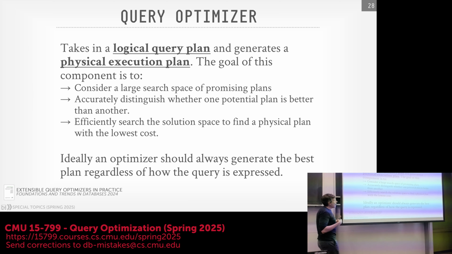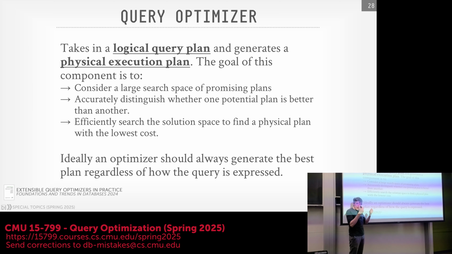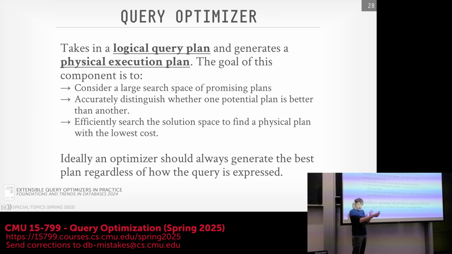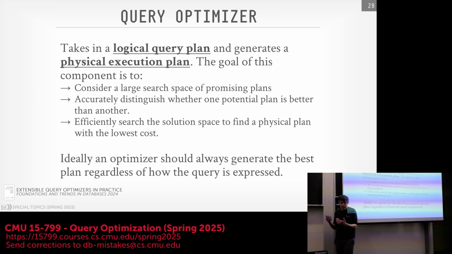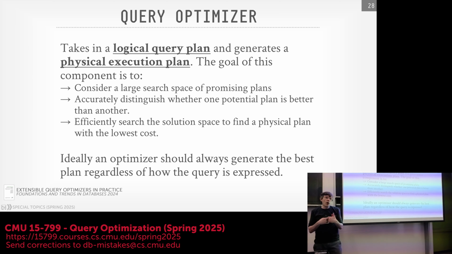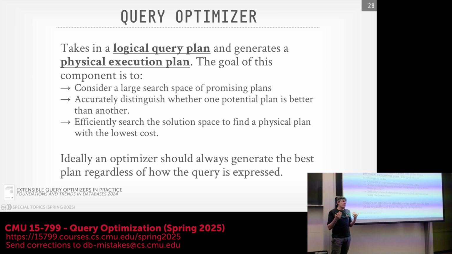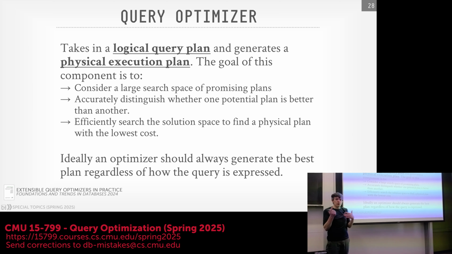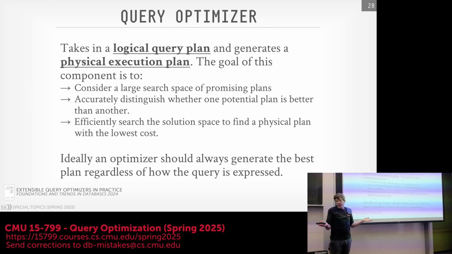And then we want to have a cost model that can determine whether one plan is better than another, without actually having to run it. Because obviously, if you want to know whether a query plan is fast and you have to run it, then that defeats the whole purpose of trying to figure out what's fast before you run it.